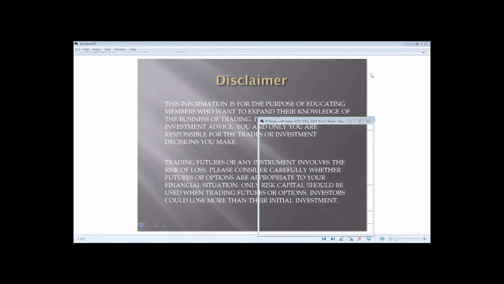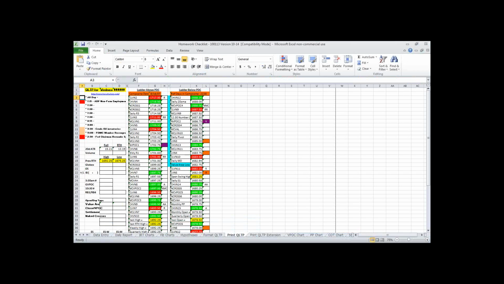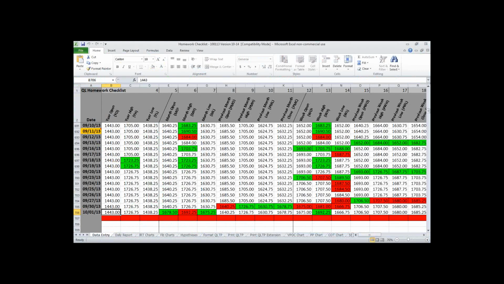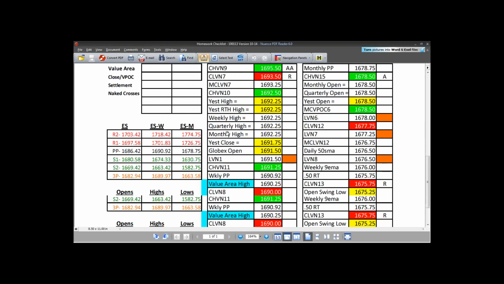So each morning we go through our list of key numbers on our homework sheet, and those that are in the Quantum Leap room, we post this each night, which is our QLTP, which is the ladder above the previous day close and the ladder below the previous day close, with all the different key levels based on multiple methodologies and studies that we follow, and this is posted each night.